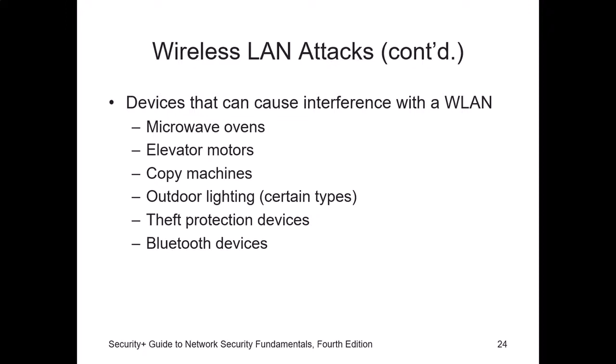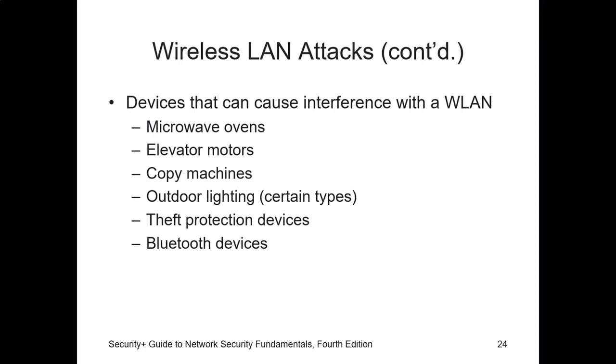All right, so please write these down so you are aware of which devices can cause interference. Your microwave ovens. You definitely should keep your wireless router away from the microwave, because the microwave operates at 2.4 gigahertz. Some of those frequencies leak out and they may interfere. Every time you turn your microwave on, your network may lose connection. Elevator motors.